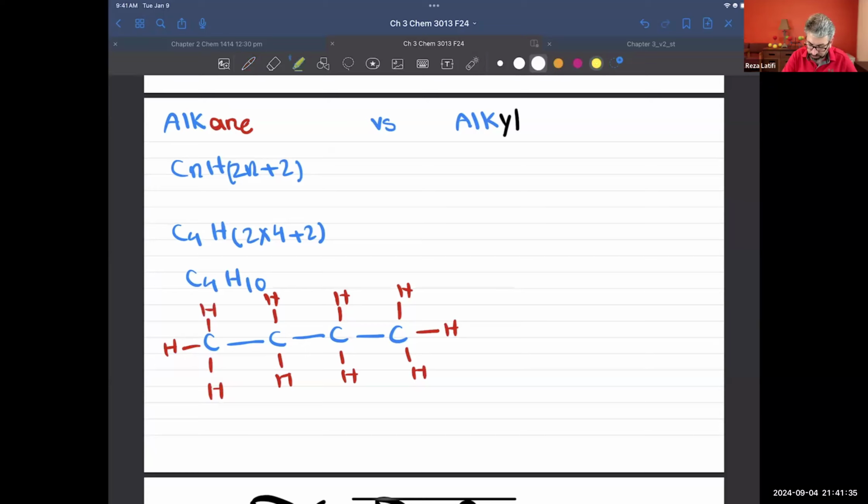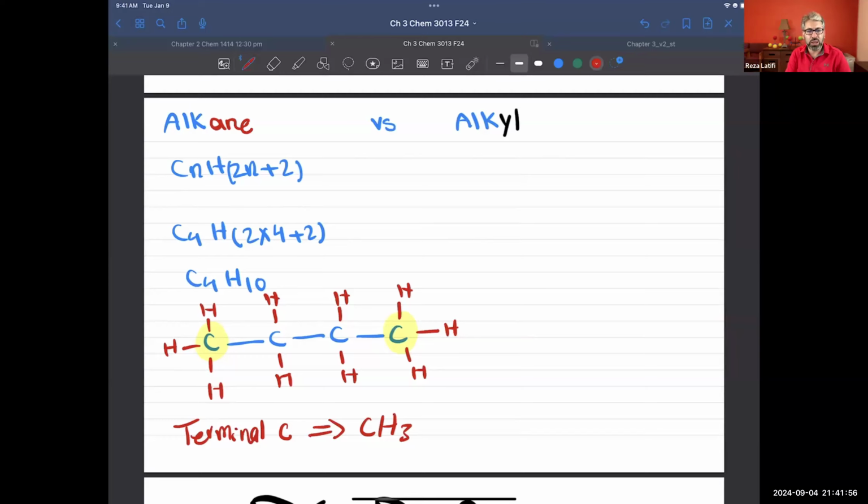So these 2 carbons, we call them terminal carbons. Terminal carbons will have the CH3 formula. Any carbon like that is terminal, it will have 3 hydrogens attached to it.